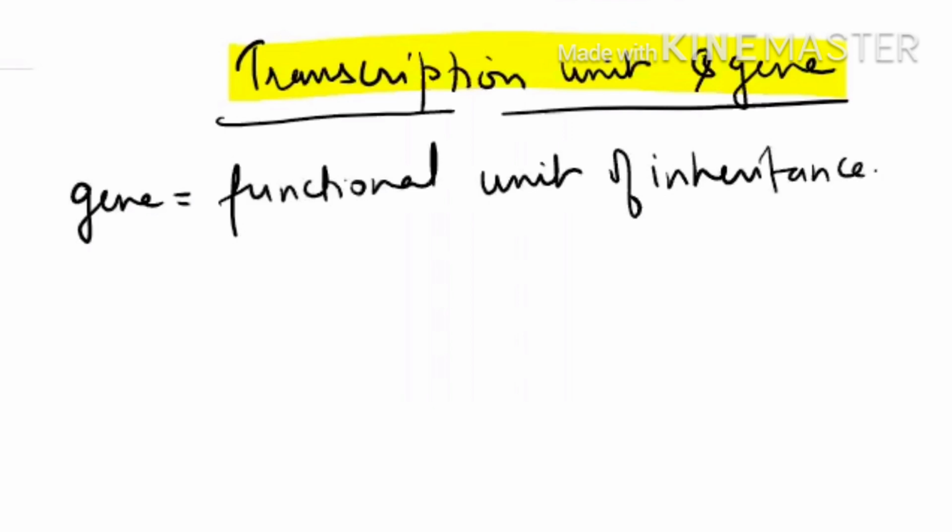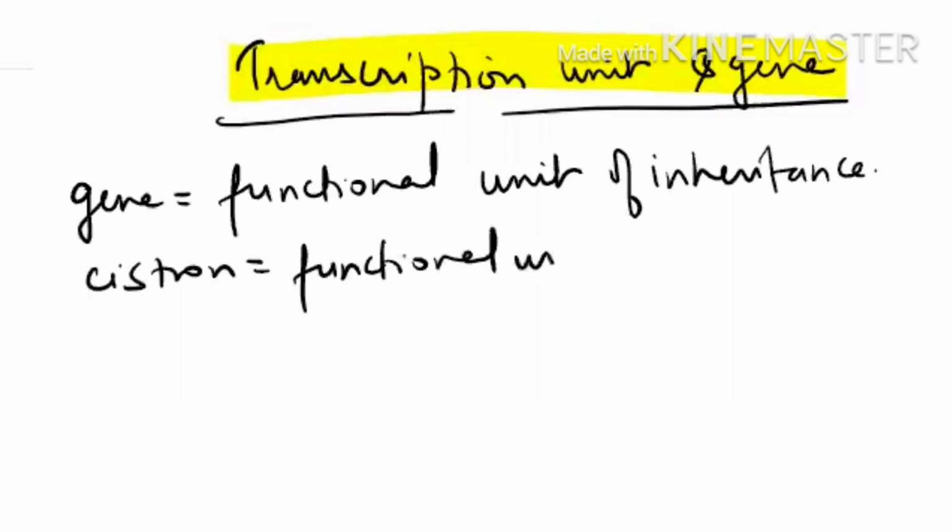And what is cistron? Cistron is a functional unit of gene. So these are the few terms you should know: what is gene and what is cistron.